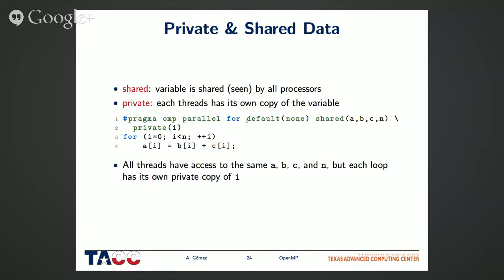And I, which is the index I'm using for the loop and for accessing those arrays, is going to be private. Usually, the iterator that you have for iterating over the loops has to be private. So all threads in this case are going to have access to the same A, B, and C, and also N, but each thread will have its own private copy of I.